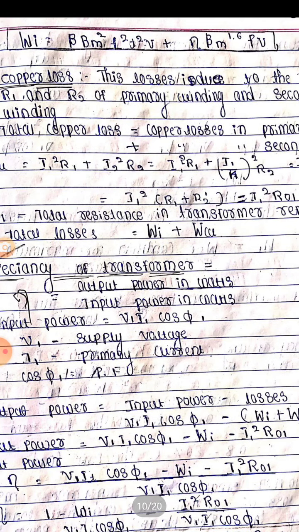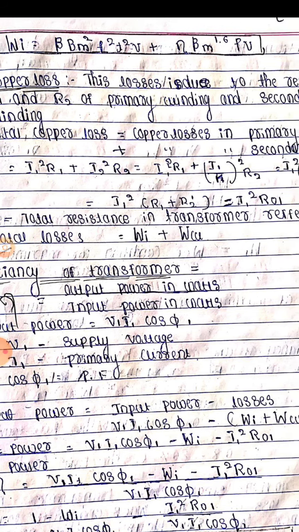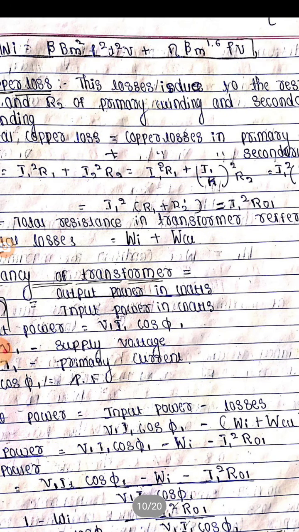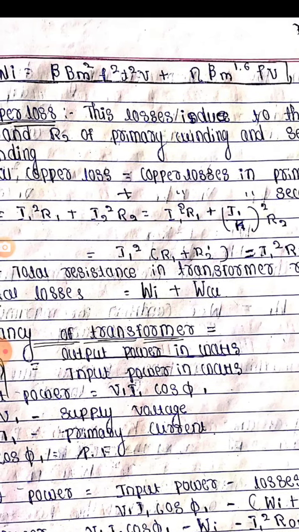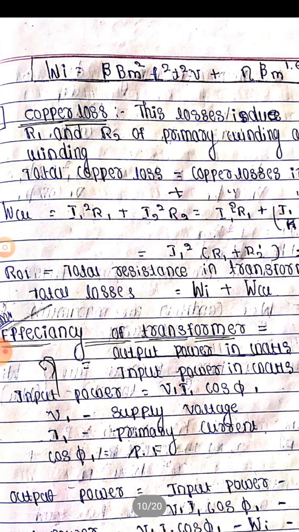Then total iron loss Wi is equal to, substituting We, beta into Bm square T square F square V, plus eta into Bm power of 1.6 F into V.